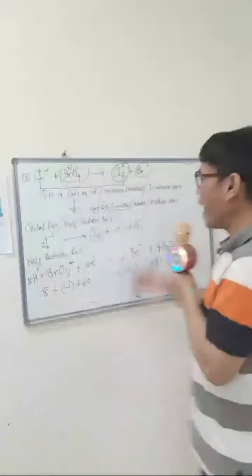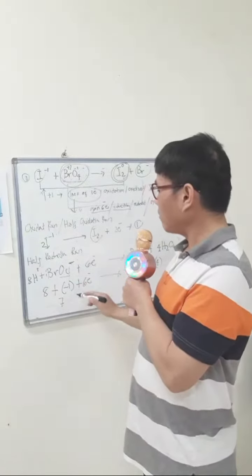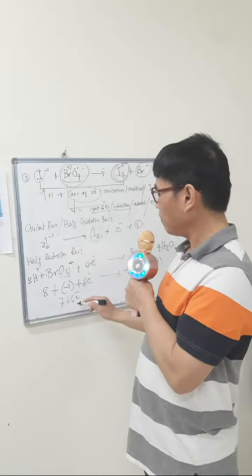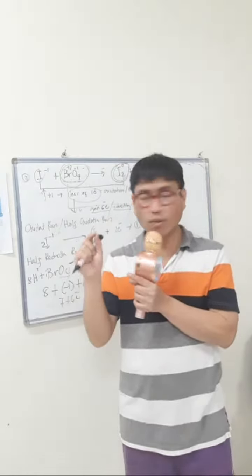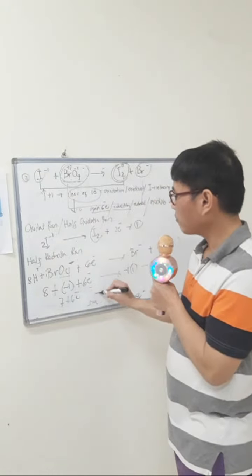Okay. So 8 minus 1 is positive 7. Positive 7 plus 6 electrons is equal to 1, because electrons are negative. So therefore 7 minus 6 is equal to 1.